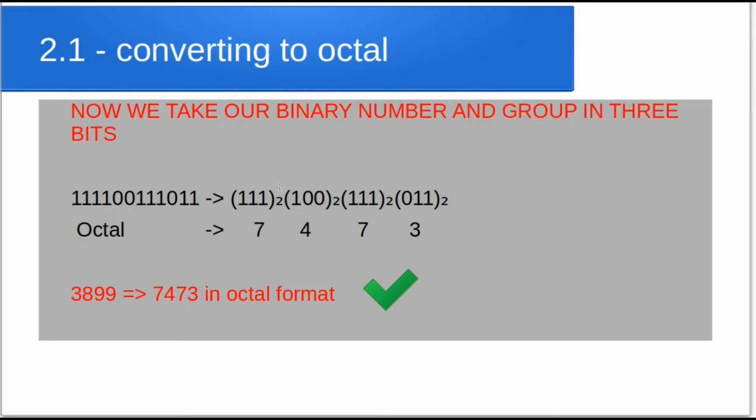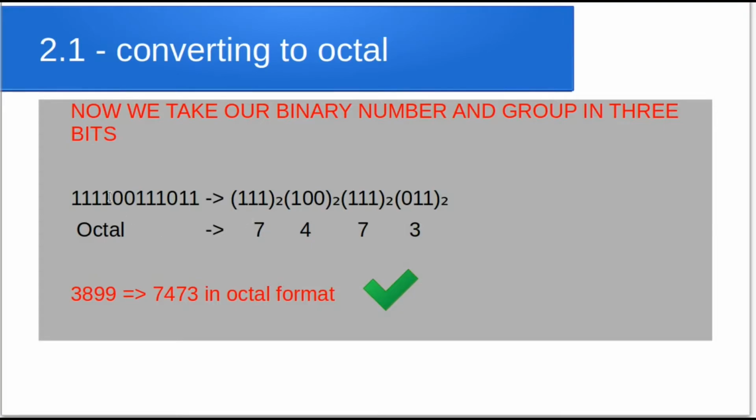If you remember our binary number when we converted 3899 previously in step 1, this was our binary system. We group it in groups of 3 from left to right. So it is 0 1 1 1, and then that is the 3. Then we take the next 3, and the next 3, and the next 3, and the next 3.